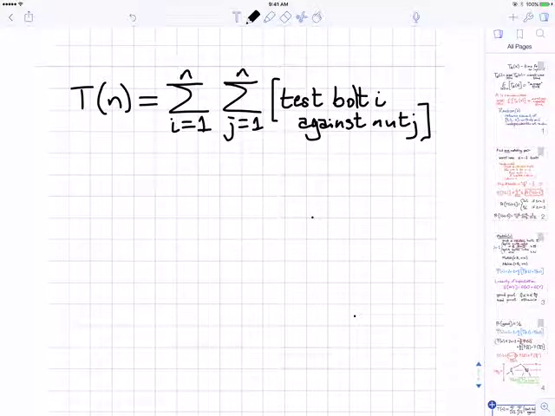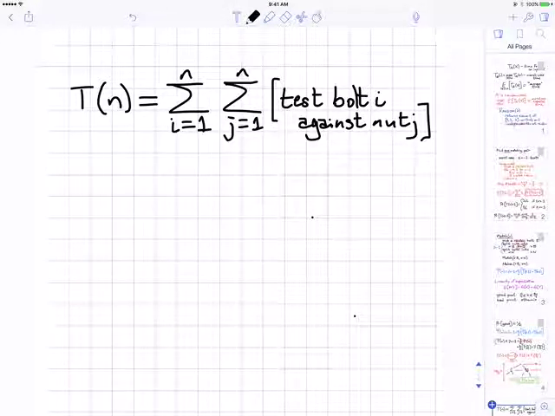I number the bolts from 1 to n, I number the nuts from 1 to n, and now you run the algorithm, and every time you test any bolt against any nut, I give you $1. Now, because I know you want dollars, but you also want to get out and be done, you're trying to minimize the amount of money you make for some reason. Maybe every time you test a nut and a bolt, you give me $1.